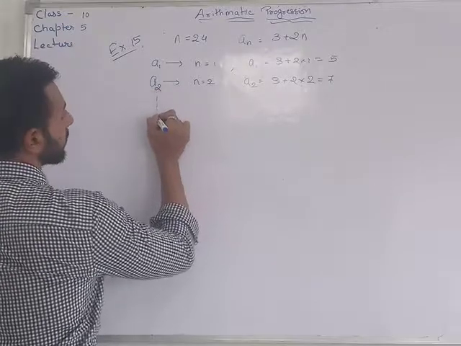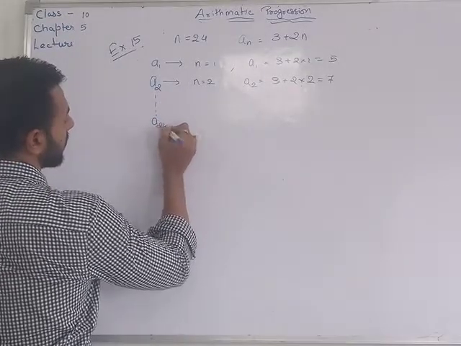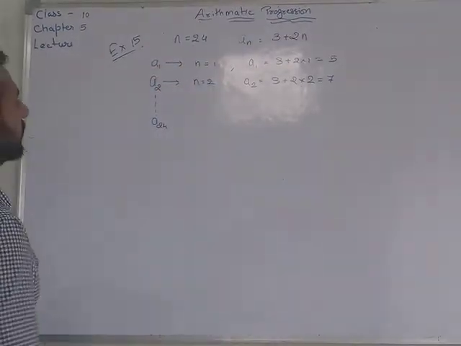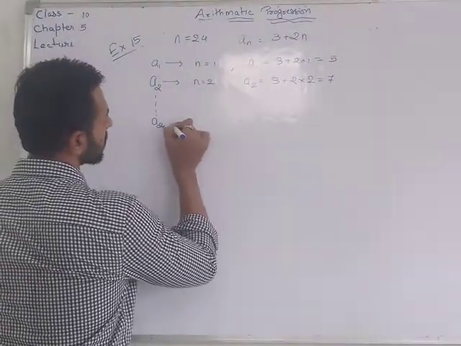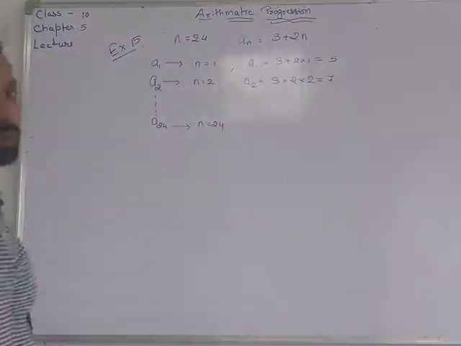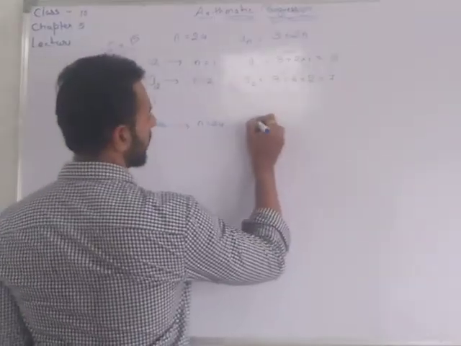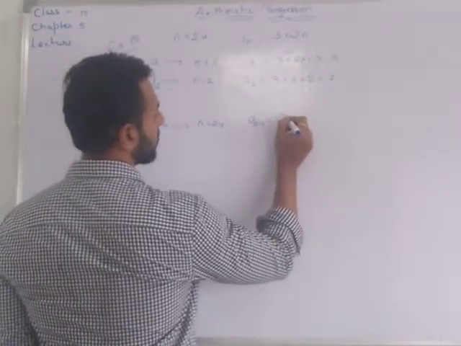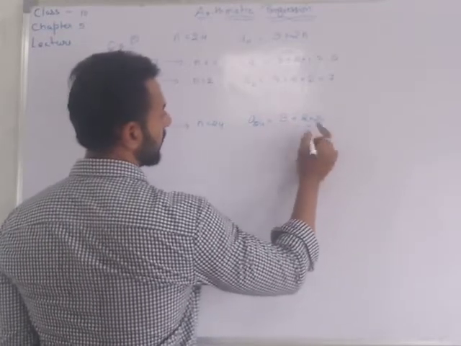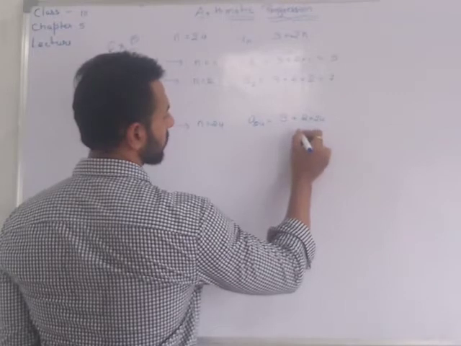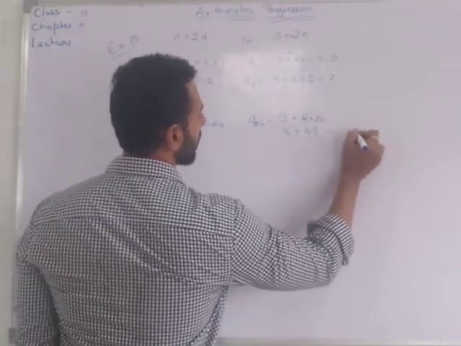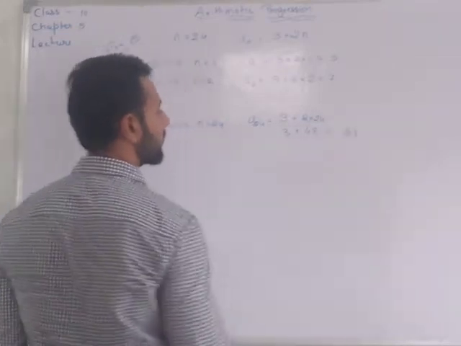Now similarly we will find a24, where n is 24. a24 is equal to 3 plus 2 into 24. 2 into 24 is 48, plus 3, so this will be 51.